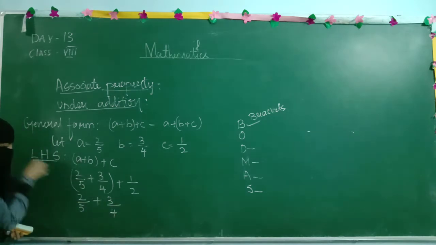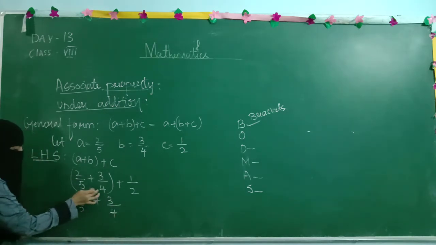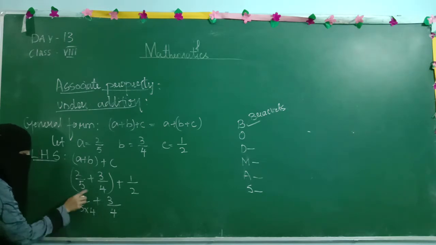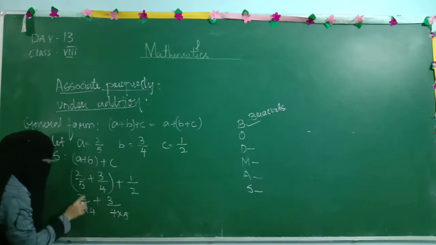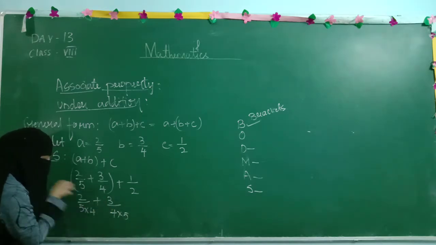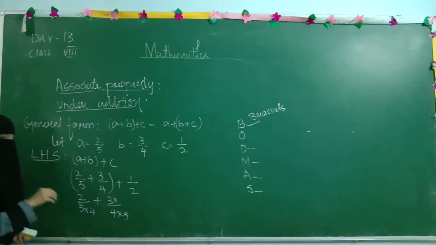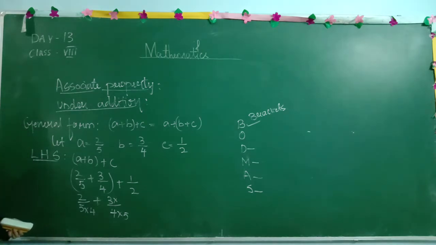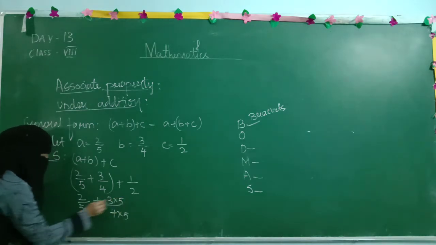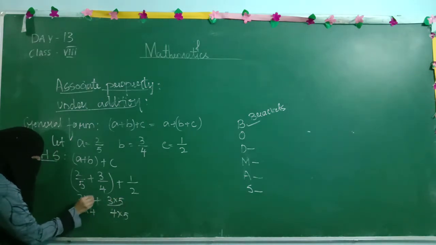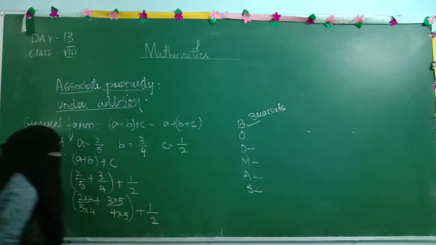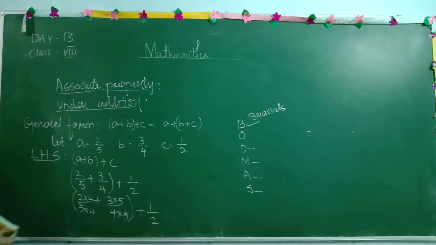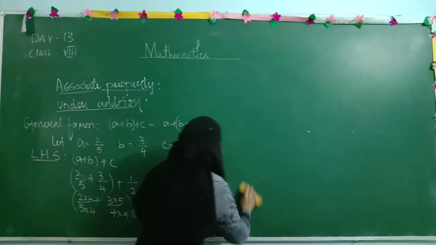Whenever we have two terms, we immediately multiply the 5 with the 4, as the denominator is 4 over here. Then 4 into 5. In the numerator also, whatever number you multiply in the denominator, the same number we have to multiply in the numerator. So into 5, and here I have to multiply into 4. Is that clear to everyone? Plus 1 by 2. Okay. Now I will continue over here.